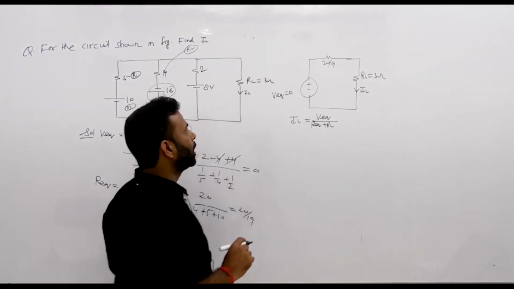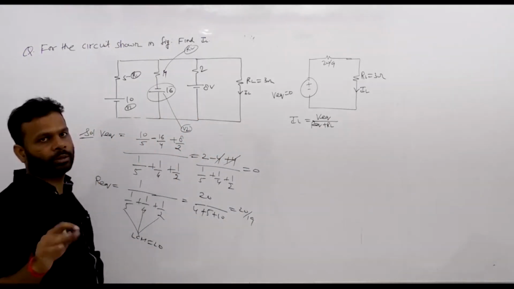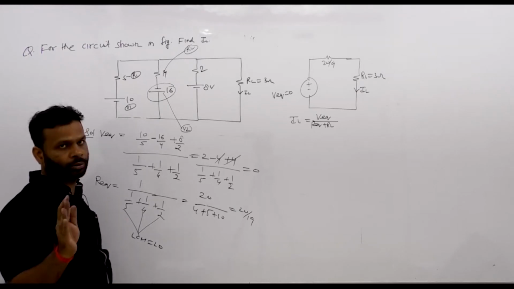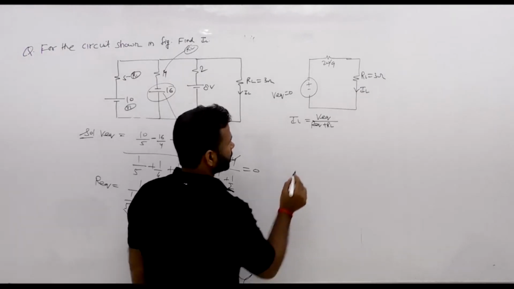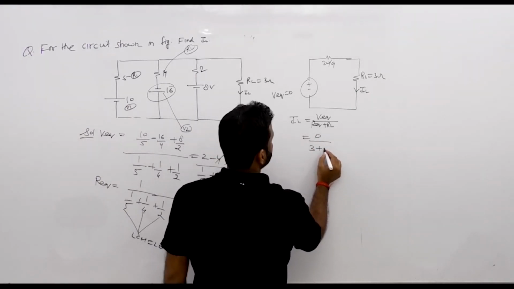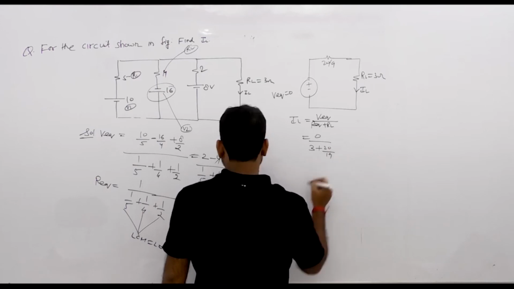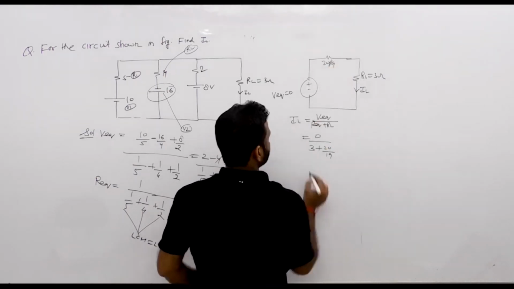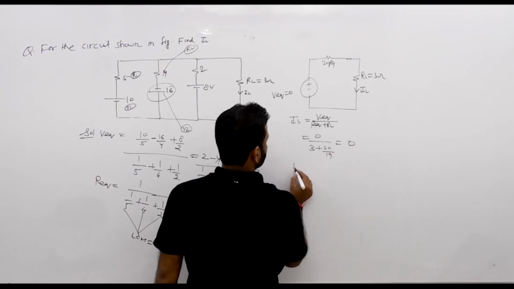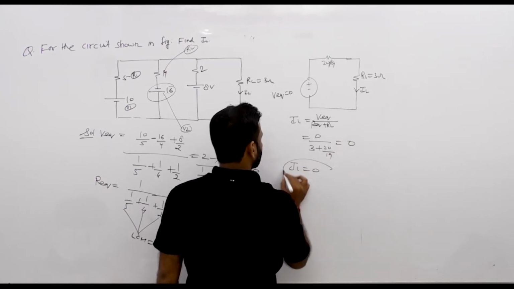So I had said, if you look at this theorem, the load current can be found without mesh, without node, without Thevenin and without Norton theorem. So it's very easy. V equivalent is 0 divided by 3 plus 20/19. 0 divided by something is 0, so your IL is 0.